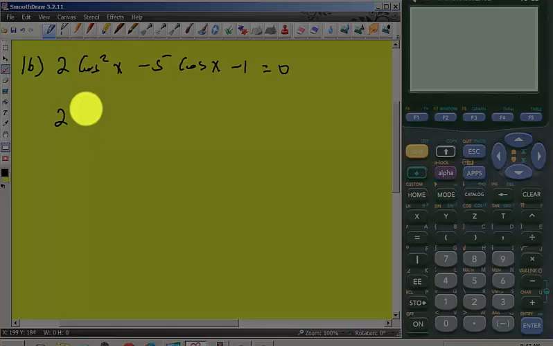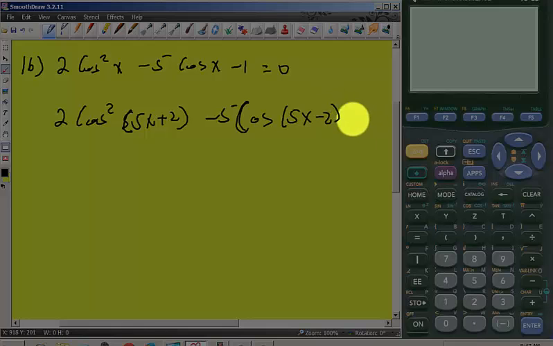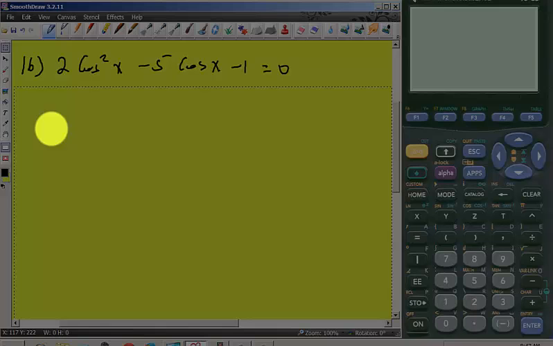This problem can turn out to be 2 cosine squared of 5x plus 2, minus 5 times cosine of 5x minus 2, minus 1 is equal to 0. And that gets nasty. You're going to get that, but baby steps, I guess.